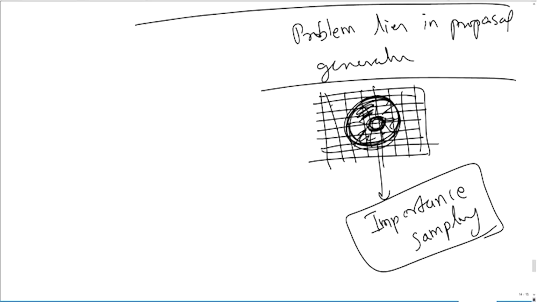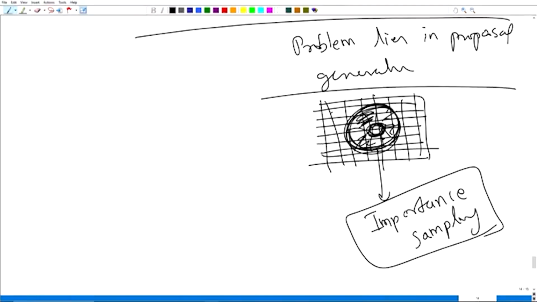The reason is that in order to generate these proposals, you are not using any information from your likelihood function and your prior density. You are just relying on some intuition or some prior idea about this, or you are just randomly drawing samples from a uniform density in the case of grid approximation.